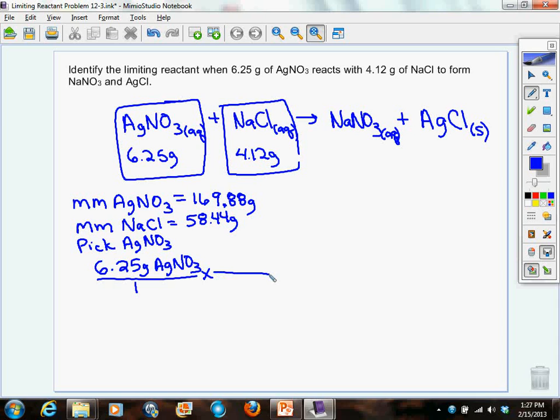So let's convert to grams of sodium chloride and see how many grams get used if I use all of my 6.25 grams of silver nitrate. So for 1 mole of silver nitrate, remember I got to convert to moles first, there's 169.88 grams of silver nitrate.